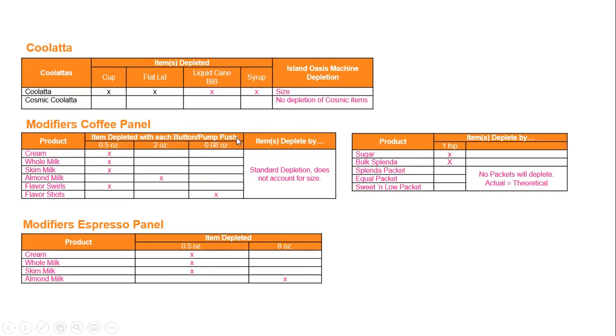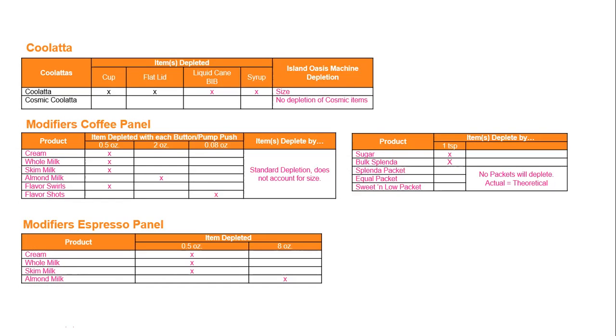So rather than having this deplete by size, if I rang in a small coffee with cream, it doesn't just automatically assume the standard amount of cream that goes into a small coffee. It's going to deplete based on the number that you press prior to cream. So if I said small coffee to cream, it would deplete 0.5 ounces for every time I entered a number in front of cream. So in that case, if I did 2 cream, it would deplete 1 ounce of cream.